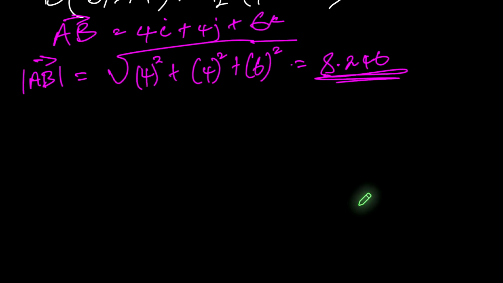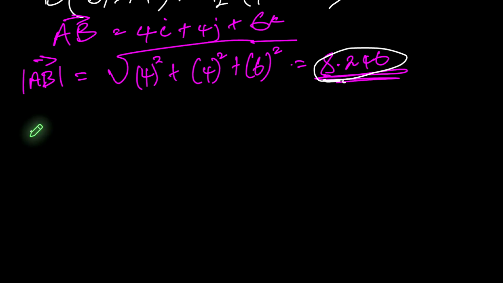Now we know that a unit vector, as I've said before, has a magnitude of 1. So we need to divide each component by what we got for the magnitude.